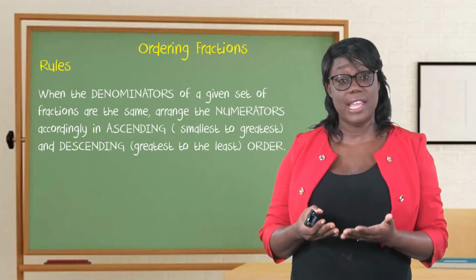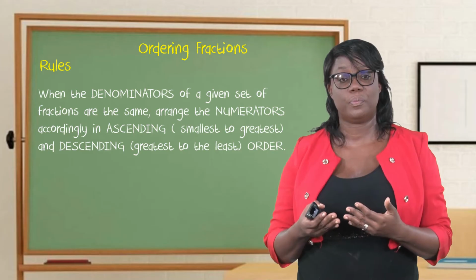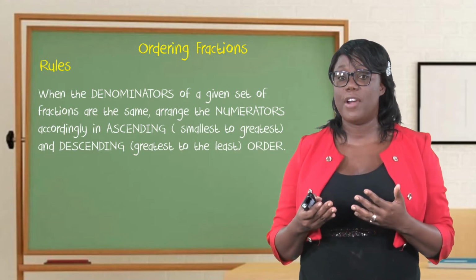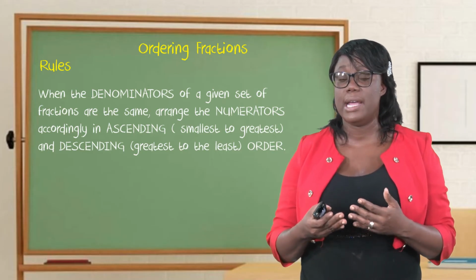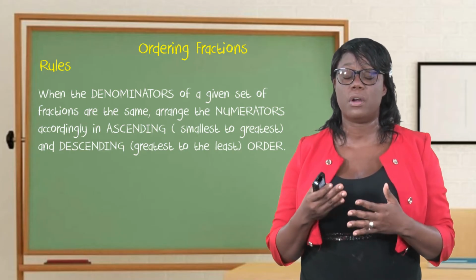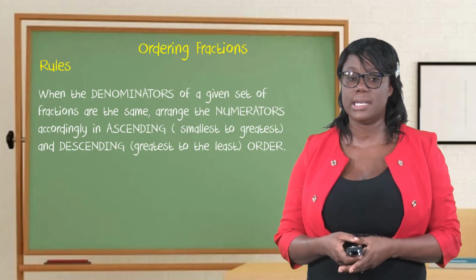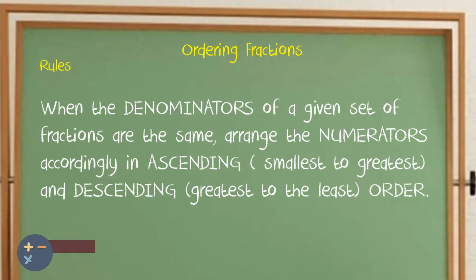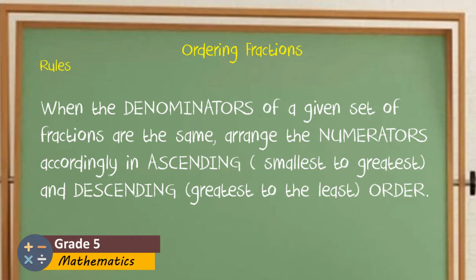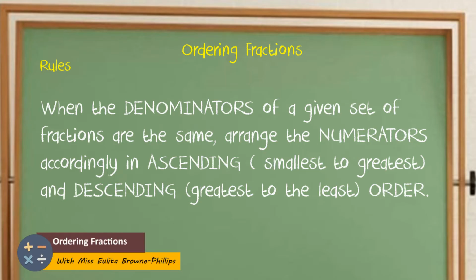So like everything else, there are rules that we must follow. When we are ordering fractions, it is important that we follow the rules so that we can come up with our correct answers. The first rule says, when the denominators of a given set of fractions are the same, you look at the numerator.